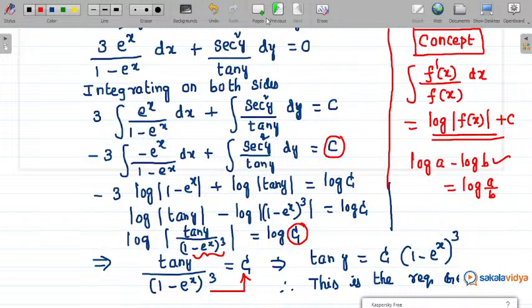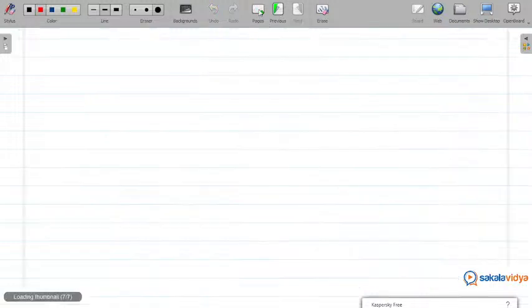Okay, let us move to the fourth question now. Fourth problem.